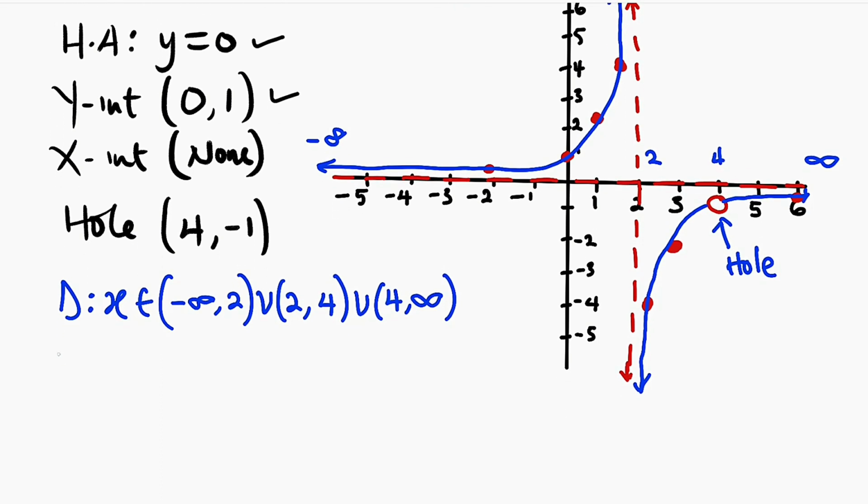Then for the range, you know, they are the possible values of y. All we have to exclude are the horizontal asymptote and the y coordinate at the hole.